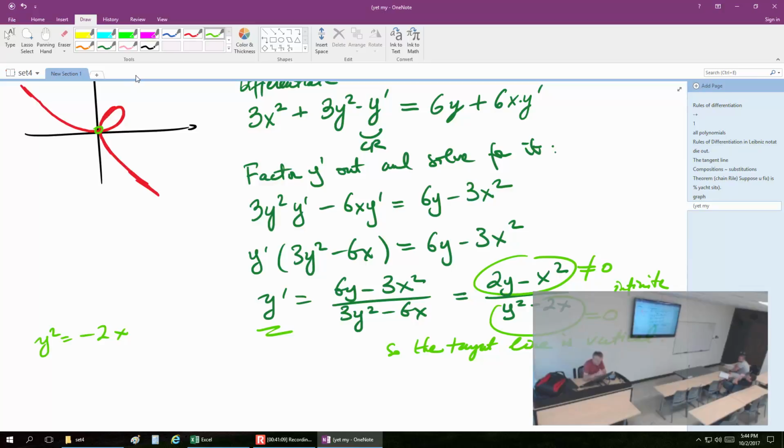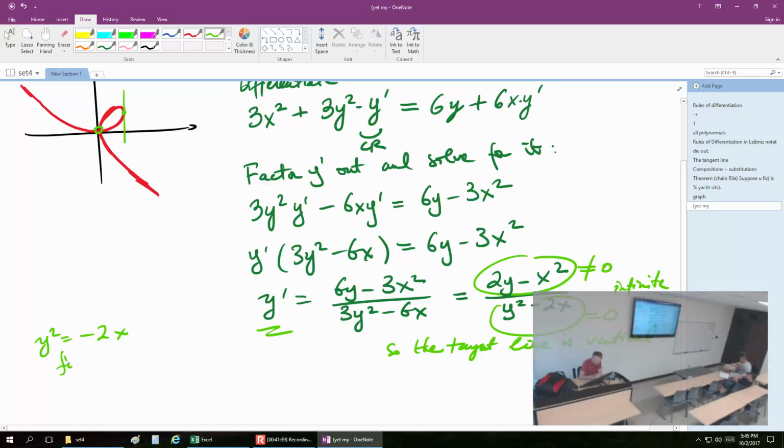Negative x squared equals 2y on top. No, I'm talking about this point. The tangent line is vertical, right? We would have to plug it in to find the point, but that would be extra algebra.